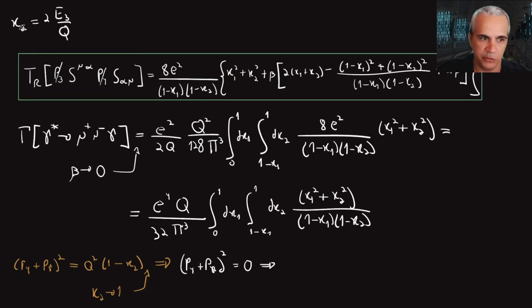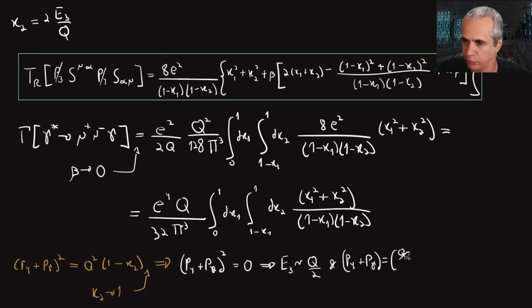So if x2 is going to 1, that means that e3 is going to Q over 2, right? And then by momentum conservation, right, P4 plus P gamma is going to (Q over 2, 0, 0, minus Q over 2), right?